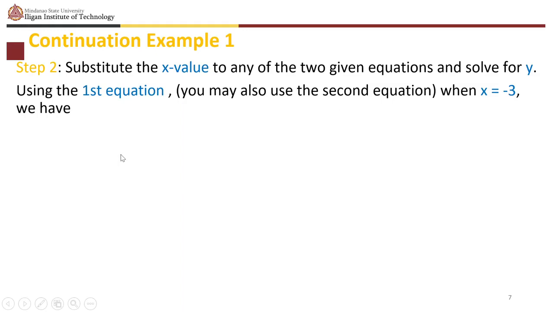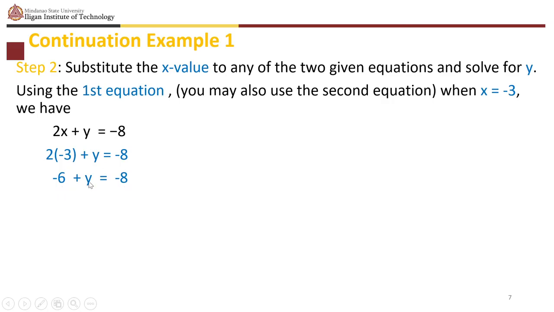When x is equal to -3, 2x + y = -8 becomes 2 times -3 plus y equals -8. That's simply -6 + y = -8.